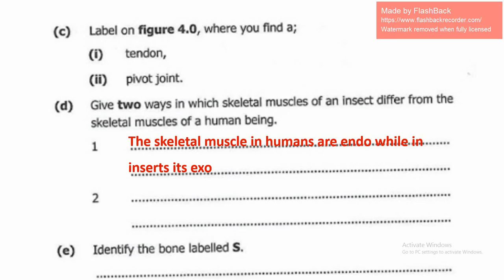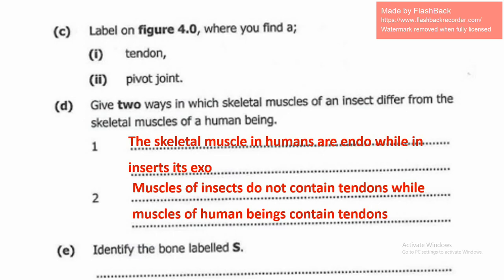You have your mark. Then the other difference is that muscles of insects do not contain tendons, and I guess I've explained what a tendon is. Okay, so muscles of insects do not contain tendons, while muscles of human beings contain tendons. Like in the question that we have, with the diagram that we have, that arm is of a human being.